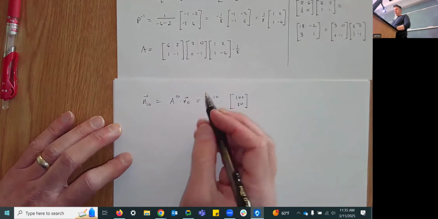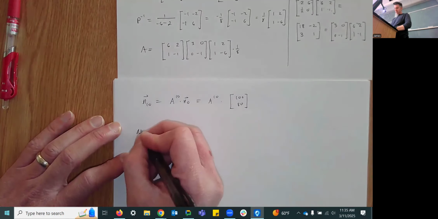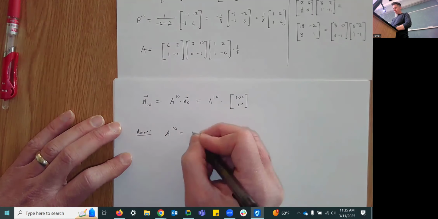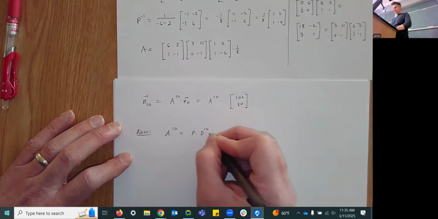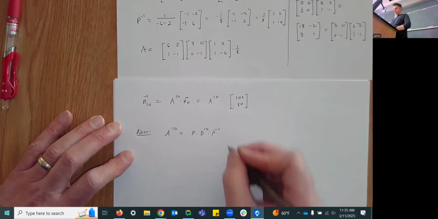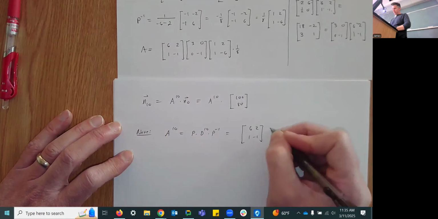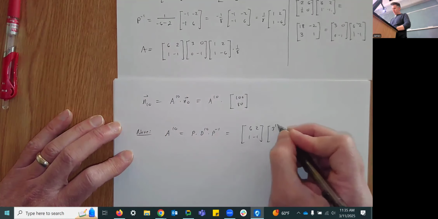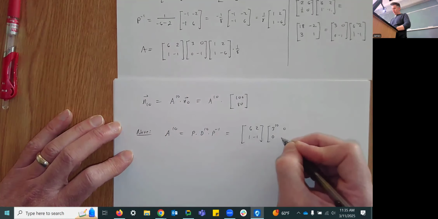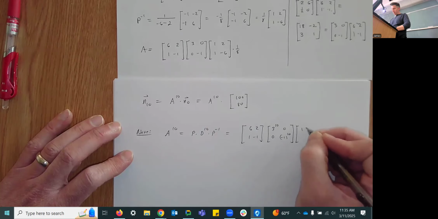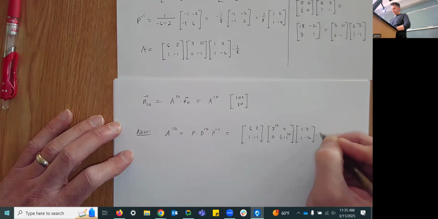If I write this out, A to the 10th is going to equal P times D to the 10th times P inverse. So that's going to be the matrix 6, 1, 1, -1, times 3 to the 10th, 0, 0, -1 to the 10th, and then 1, 2, 1, -6. There's 1.